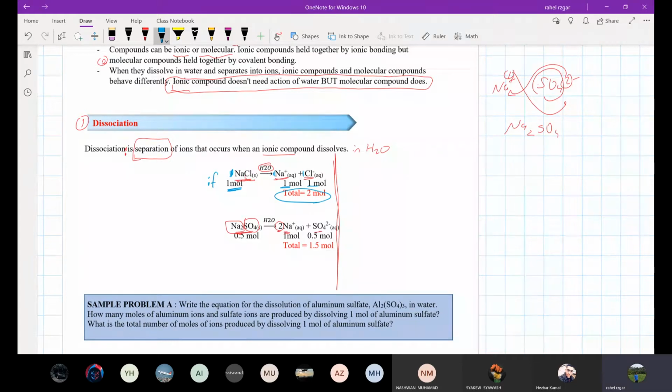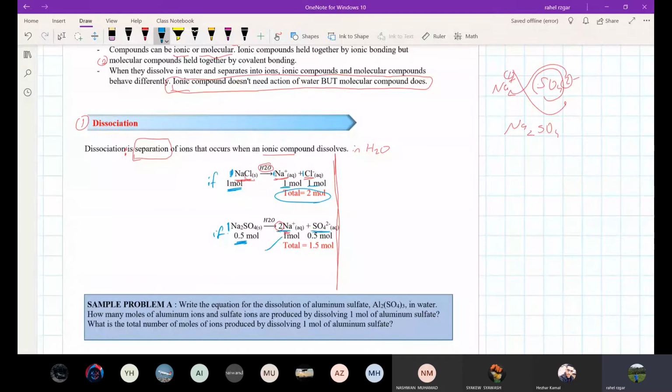Let's look at that in an example. Na2SO4 has been separated to what? 2 Na and 1 SO4. So if Na2SO4, which has a coefficient of 1, is 0.5 mole, then Na, which has 2, must be twice as much as the Na2SO4.